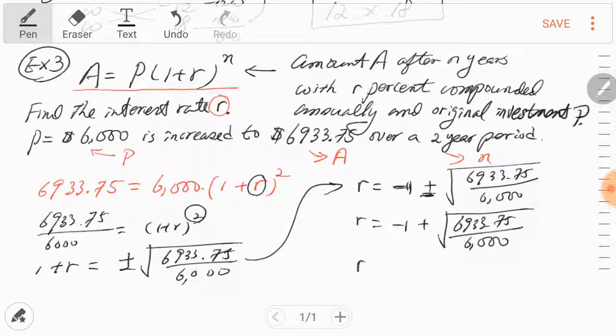Using the calculator, this is negative 1 plus 1.075. So R is equal to 0.075. This means the annual compound interest rate is, okay, one more zero, right? One more zero.